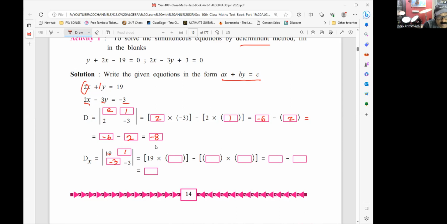So 19 into minus 3 minus 1 into minus 3. 19 times 3 is minus 57, and minus 1 into minus 3 is actually plus 3.